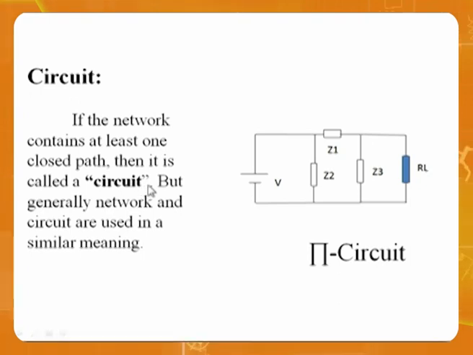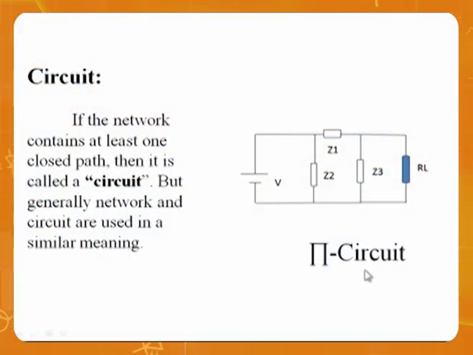So this is a very important, simple word. Even in computers people are using this, they call it packet switching and circuit switching. So wherever you use the word circuit, it means they are connected. If everybody is linked to one another, we call it a circuit. If everybody is linked to one person through whom they are connected, that's called a network. So this is how we are using it.